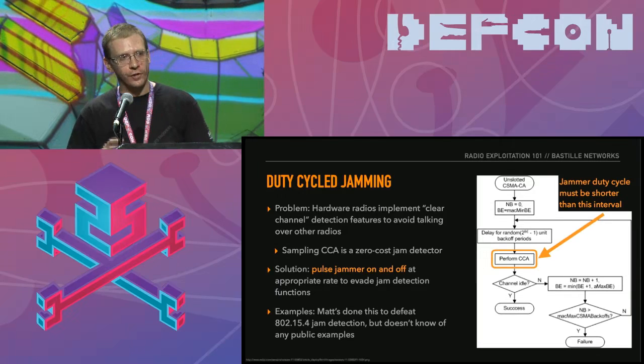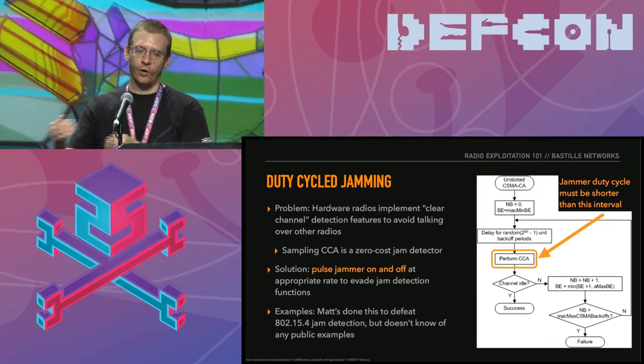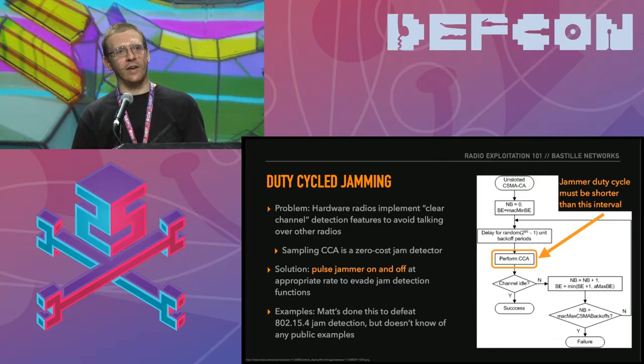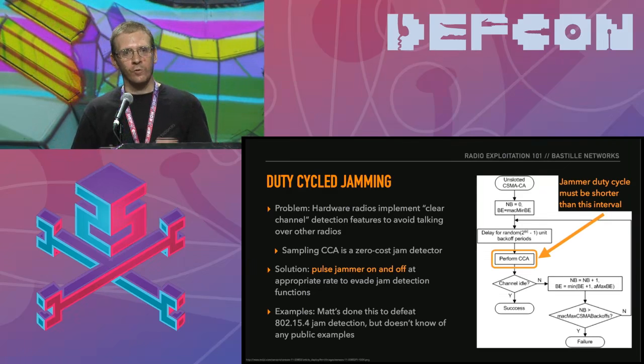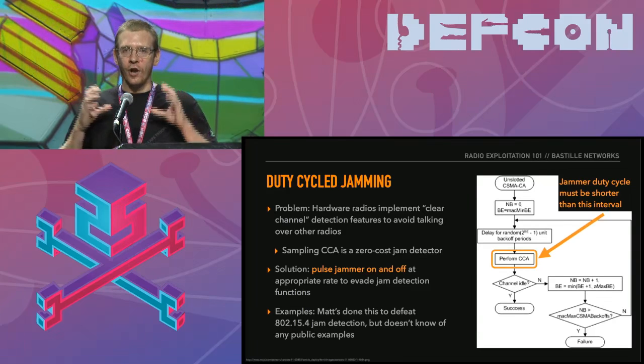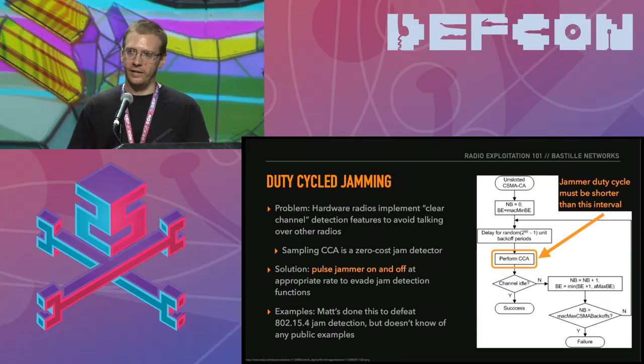They will then turn off their radios to save power instead of sensing the RF energy on the channel. So we can take advantage of this by sending a zero payload length 802.11 packet with a duration field set to the maximum, and trick other devices into not transmitting for the next 32 milliseconds. This allows us to have a very low duty cycle of transmission, but effectively jam a channel.